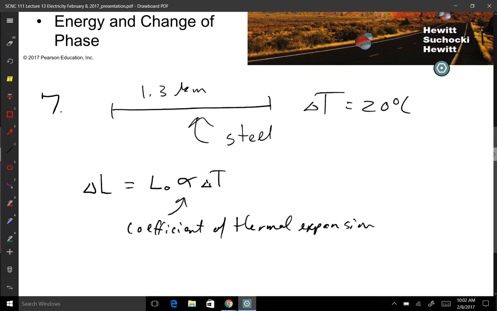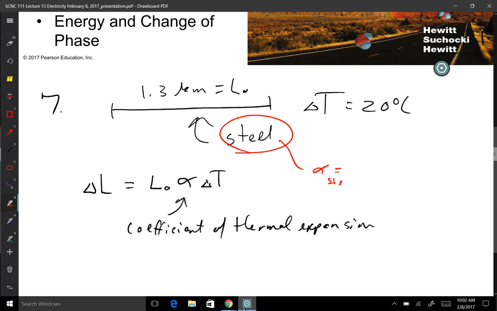So we were given the original length, 1.3 kilometers, and the change in temperature of 20 degrees Celsius. But we have to look up that coefficient of thermal expansion for the material. The material here was steel.